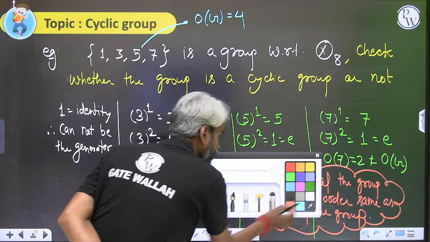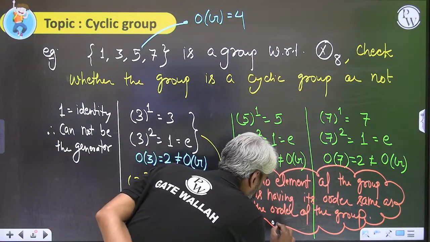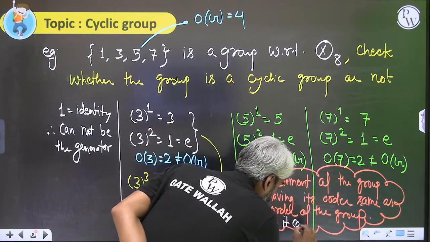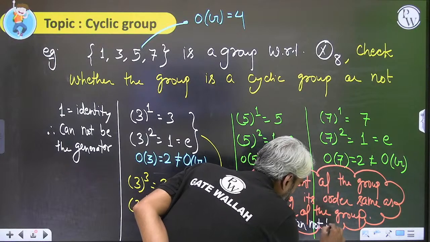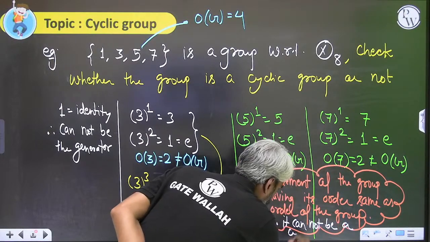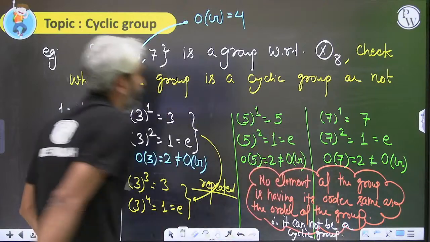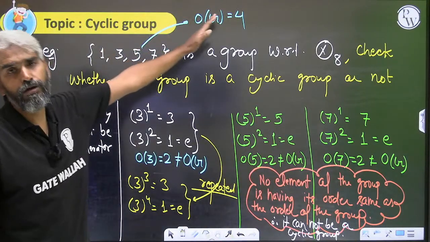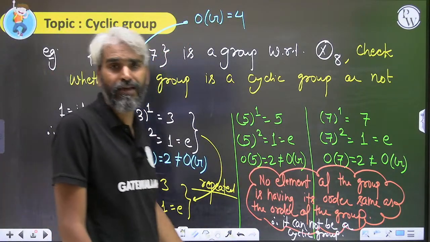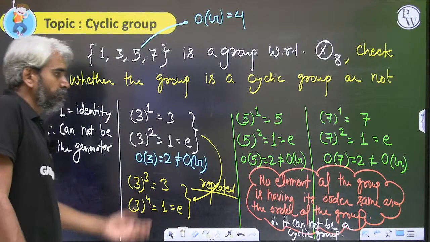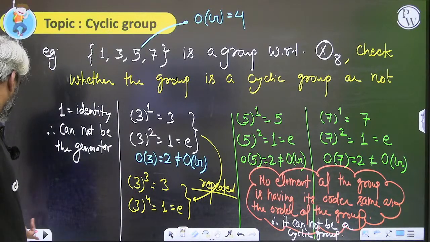Therefore, it cannot be cyclic. Because if the order of the element is not the same as the order of the group, it will not be able to generate all the elements of the set. So it's simple. Now, let's take one more example and check what happens in that case.